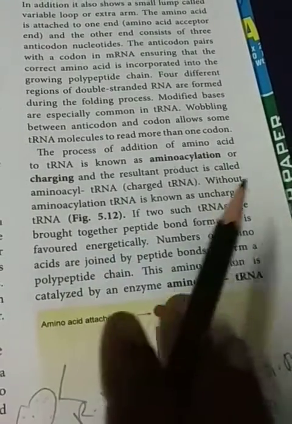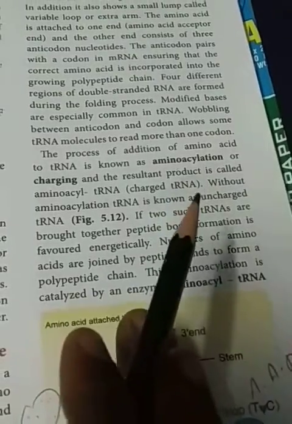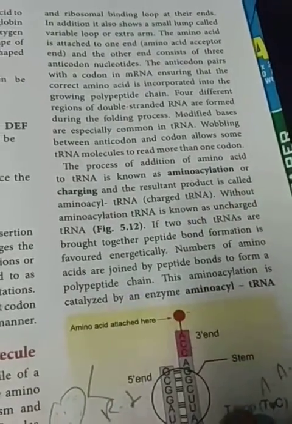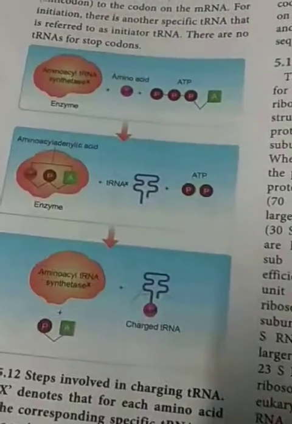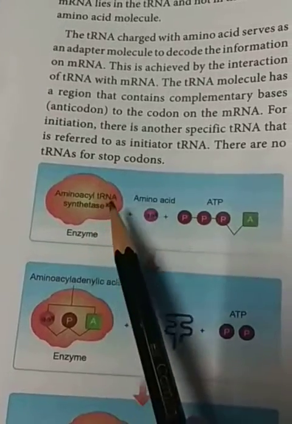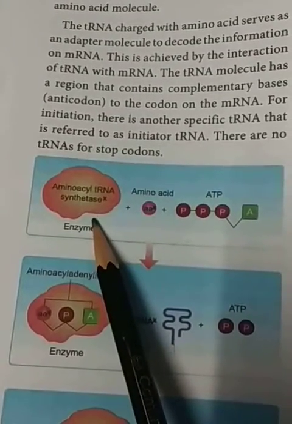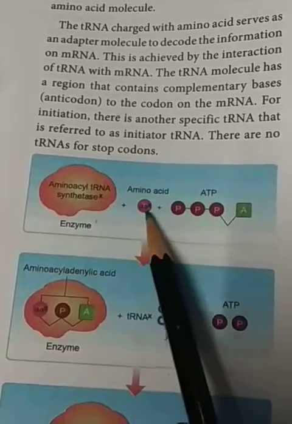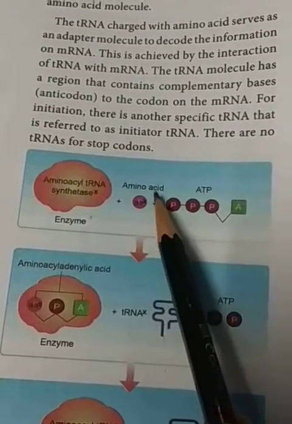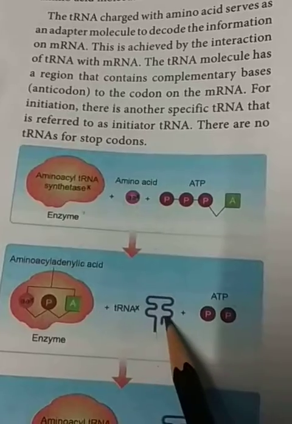When the charged and uncharged tRNA molecules are brought together, the peptide bond is formed energetically. Here the aminoacyl tRNA synthetase enzyme is present. What is the main use of this enzyme? It is helpful to add the amino acid to the tRNA molecule.